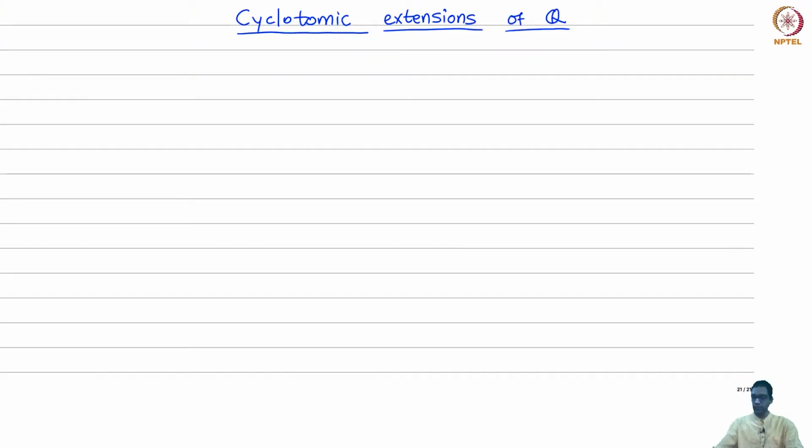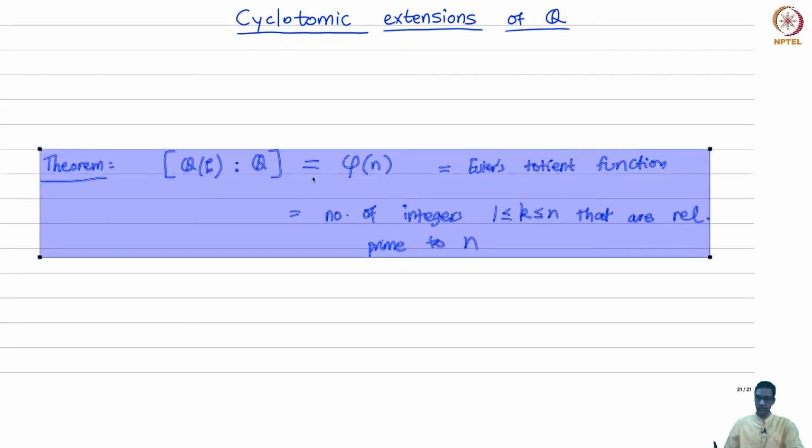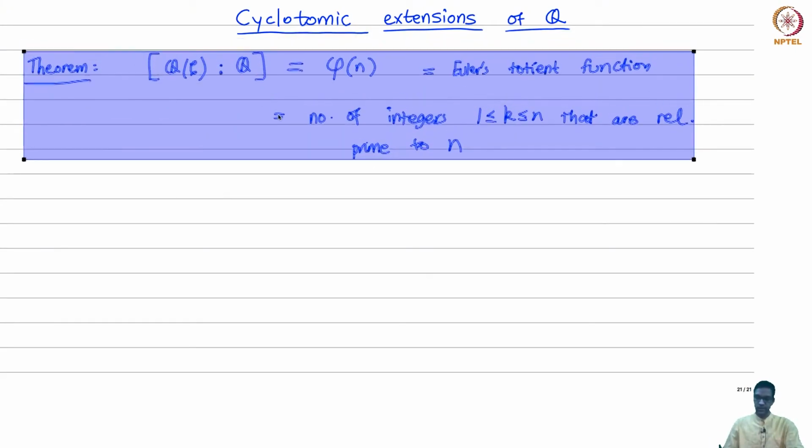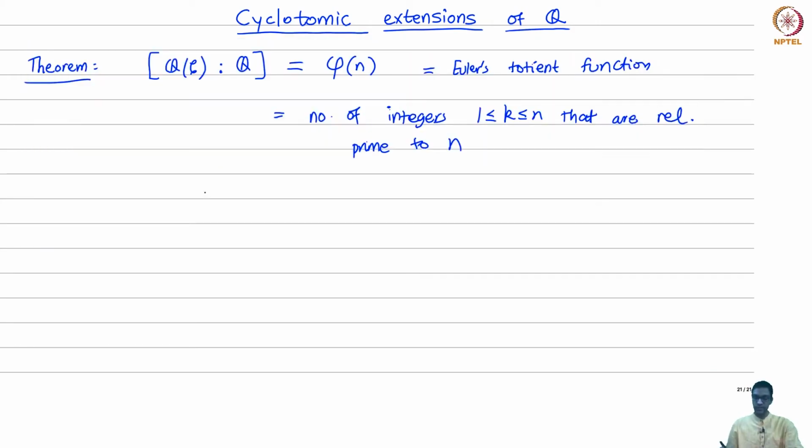Let's complete the proof of the theorem that we stated, which is about the cyclotomic extension Q(zeta) over Q. Recall what zeta is here. I'm looking at the polynomial x^n minus 1 and its roots, and zeta denotes the primitive nth root of unity e^(2 pi i / n).